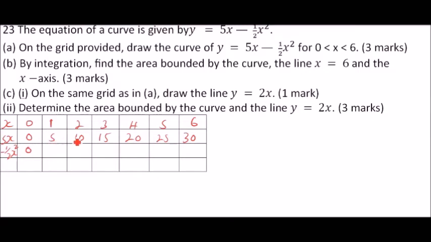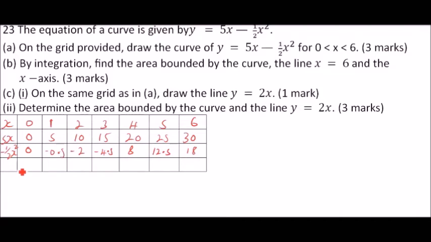Then 1 squared is 1 times minus a half, that will give you minus 0.5. This will give you minus 2, this will give you minus 4.5, this will give you minus 8, minus 12.5, and minus 18.